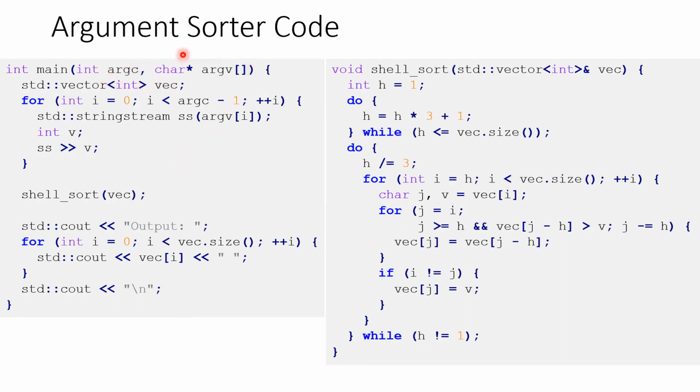To get the command line arguments, you have argc, which is the number of command line arguments, and argv, which are the actual arguments themselves. This is an array of character pointers. You will have your main code here and the sort code here, which I'm not going to go into in detail. You will need to find them yourself.